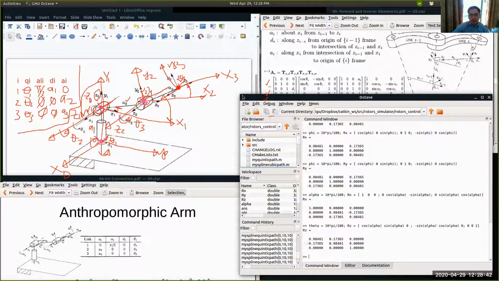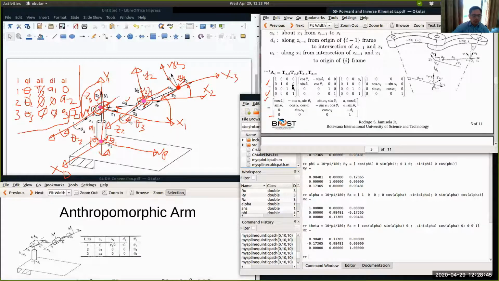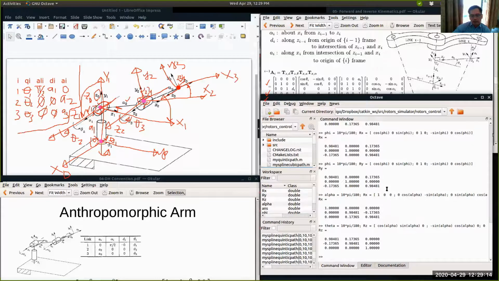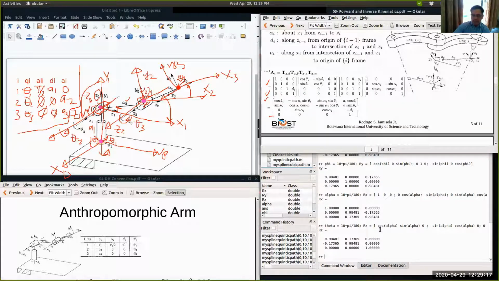So now we need to know using this convention of DH convention. Okay, I made the rotation matrices, and then I need to do that to compute for the transformation matrix.